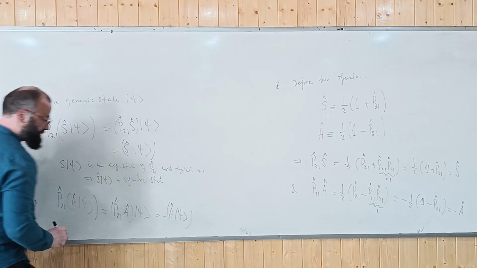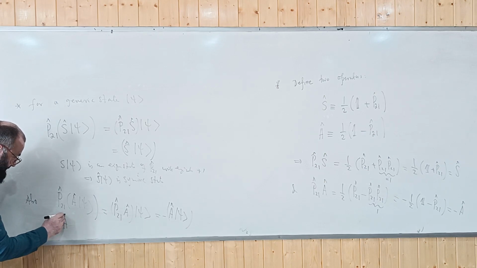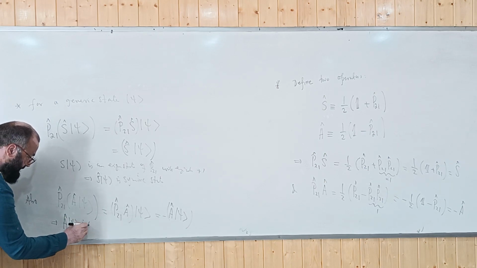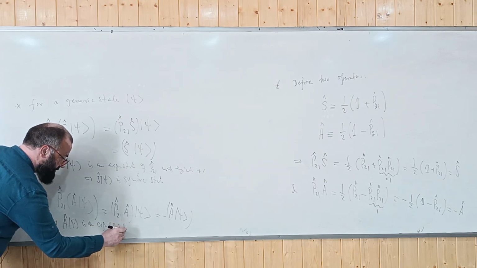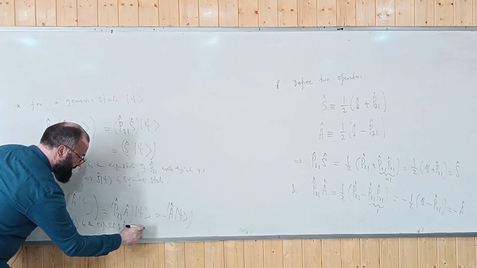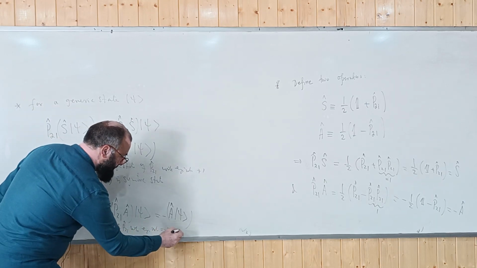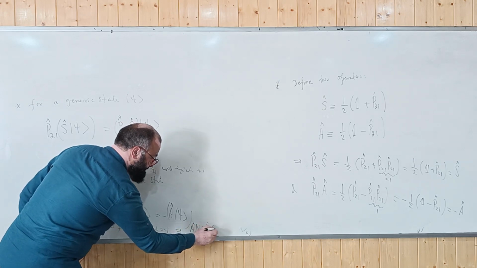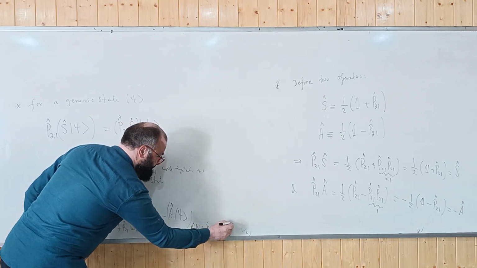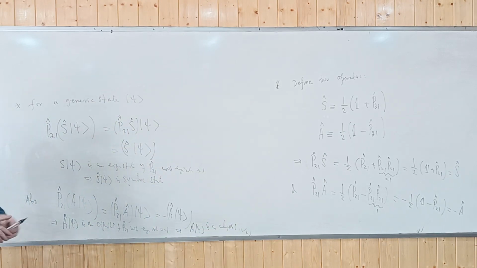So it means A psi is an eigenstate of P21 with eigenvalue minus 1. So this A psi is an antisymmetric state. Clear? So now let's take an example and try to construct it.